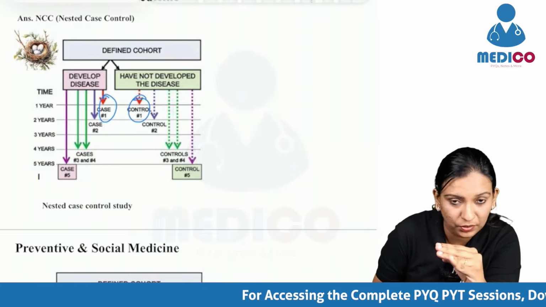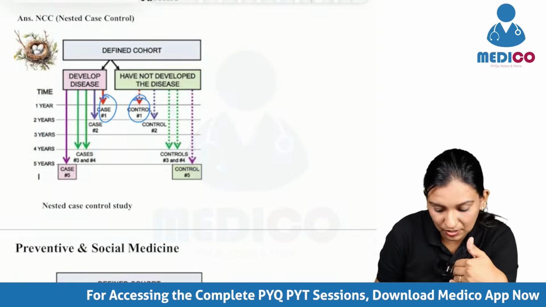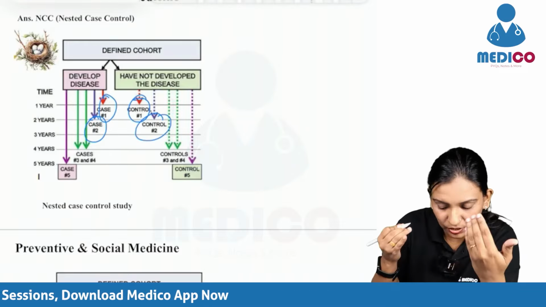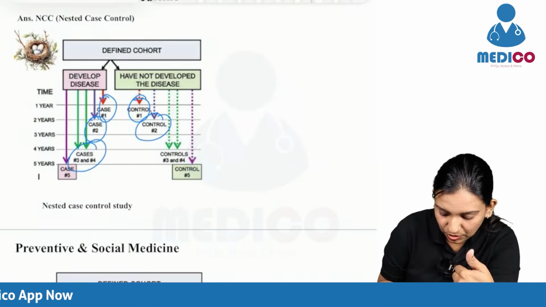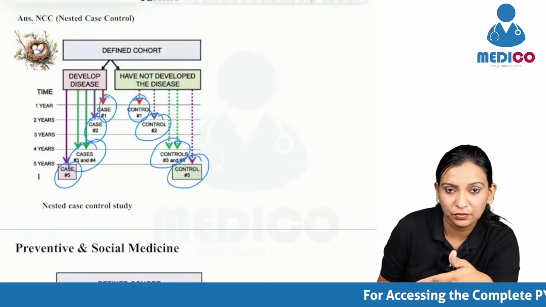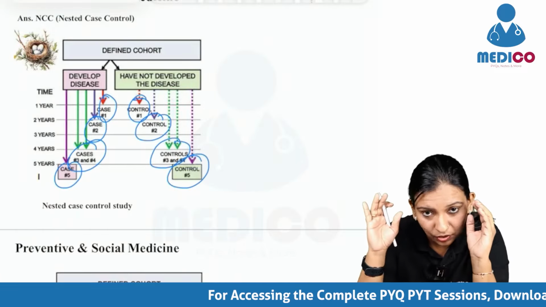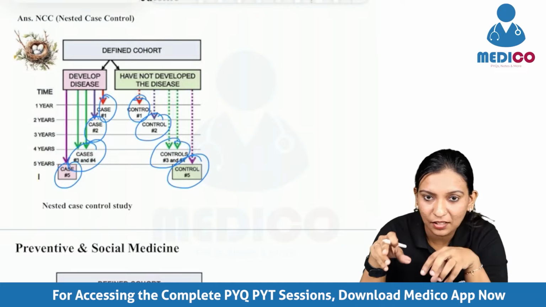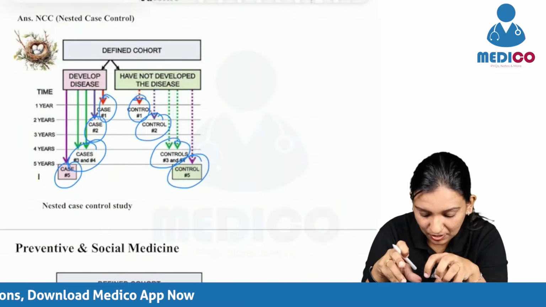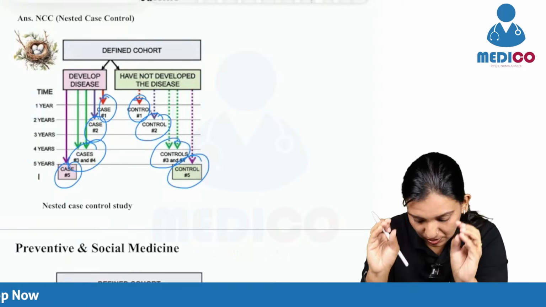So I take a control 1 here. Then another person developed the disease, that is case 2. Simultaneously I take a control. And then you get cases 3 and 4. For them also I take controls, that is control 3 and 4. Then case 5, control 5. Okay. So like this, within the ongoing cohort, I get cases and controls and I do a case control study within that cohort. This type of study design is called nested case control study.